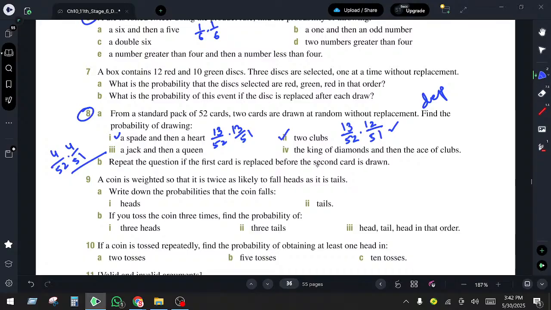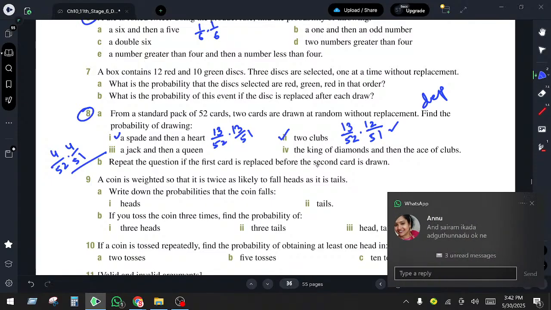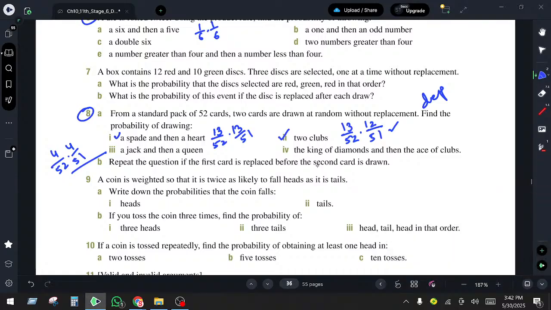So next, the king of diamonds and then the ace of clubs.